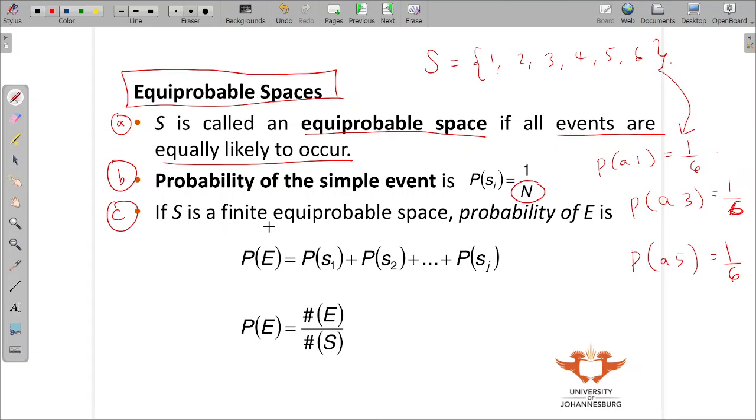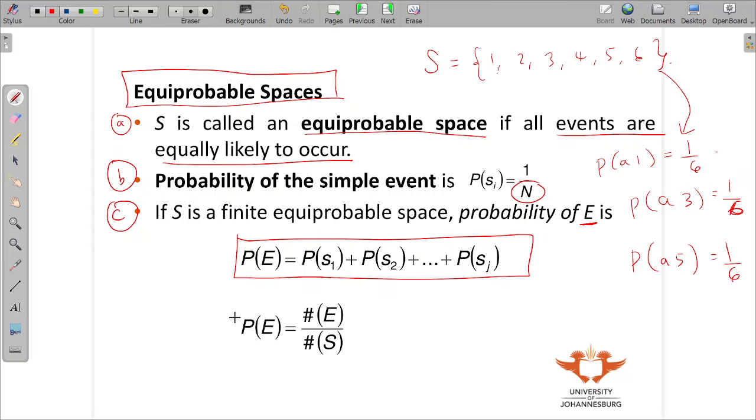If S is a finite equiprobable space, the probability of event E is the sum of the probabilities of all the simple events that make up E: the probability of S1 plus the probability of S2, and so on up to Sj.